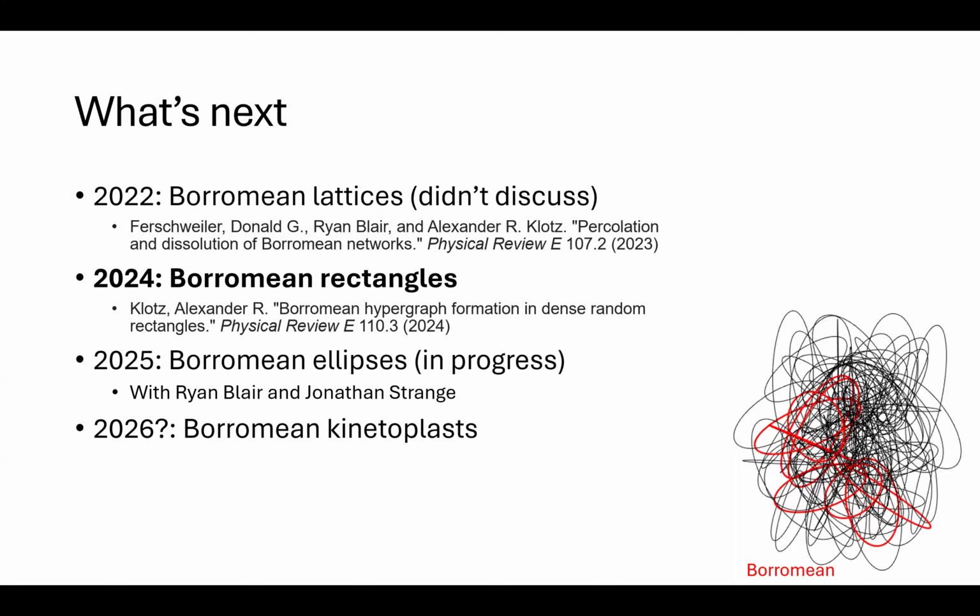So now with Ryan and Jonathan, they have mostly developed a way to determine whether any three arbitrarily oriented ellipses will form Borromean links. And we can do the same type of investigation with a system that is a bit closer to something that could be realized in a molecule, and also just learn some neat things about networks of ellipses. And then eventually we hope to extend this to actually understanding kinetoplast networks.